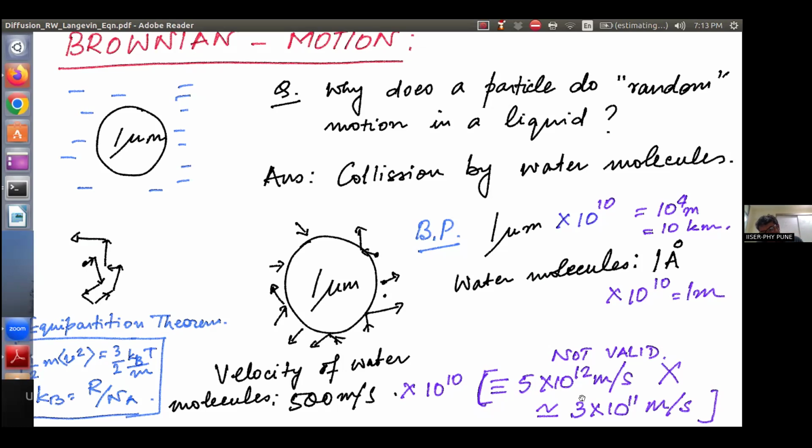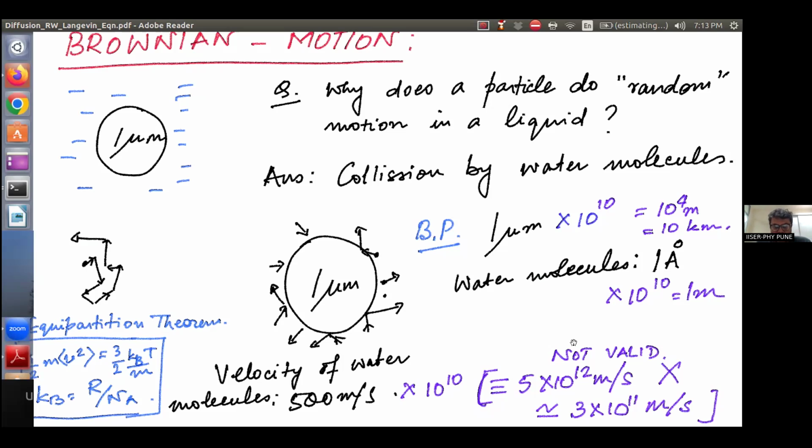The number is not ridiculous, it's just higher than the speed of light. But suffice to say that the water molecules move at extremely high speeds and go and hit the colloidal particle. In terms of mass, the colloid is actually 10 to the power 12 times more massive than the water molecule, right? Because of volume times density and so on.